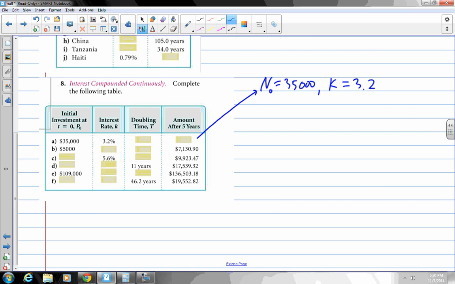So I can answer the other two questions really fast. They're not related to each other. I don't need to know the doubling time to figure out the amount after 5 years. That should be pretty easy. The doubling time is just ln of 2 over 0.032, whatever that is. I can plug that in the calculator.